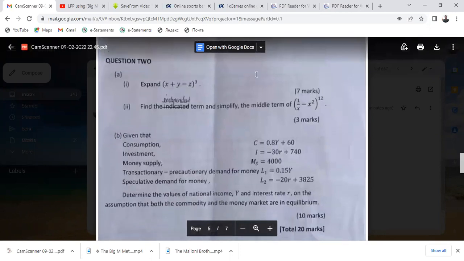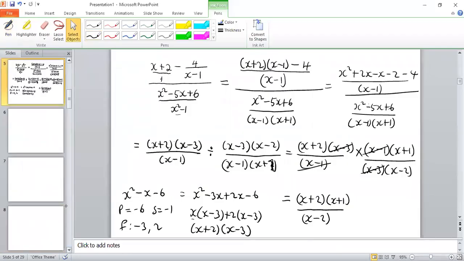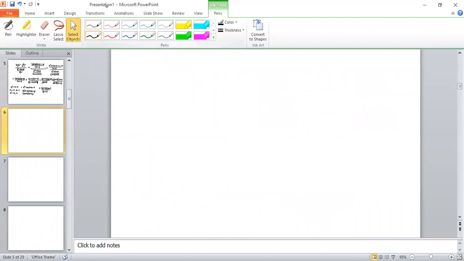Expand. So the question is expand x plus y minus z to the power 3. To expand this, you are going to use the binomial.